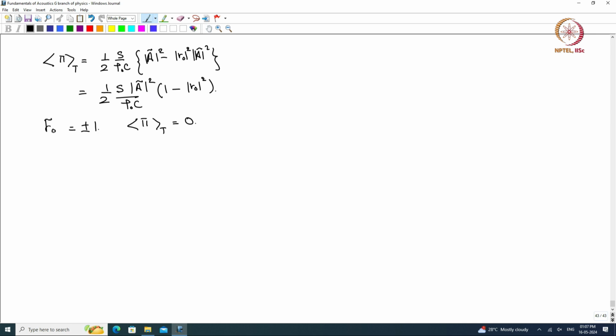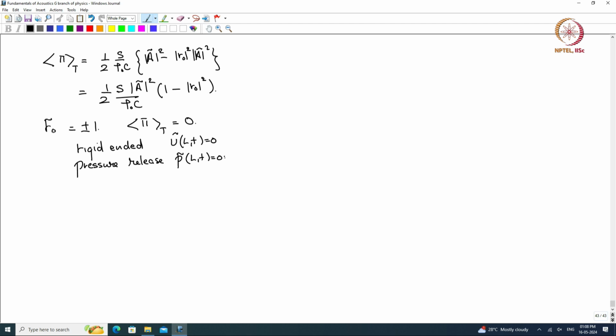Why? This happens to be either the rigid ended condition, that means velocity at L comma t is 0, or the pressure release condition, where pressure is 0.